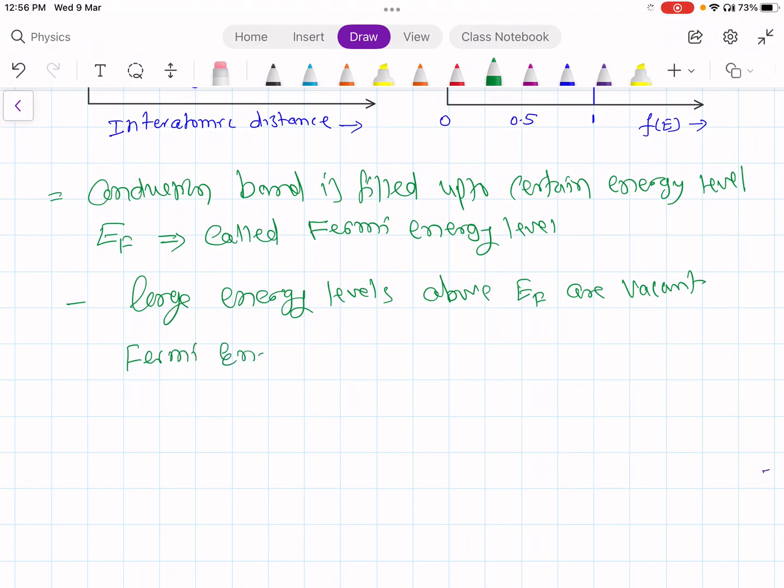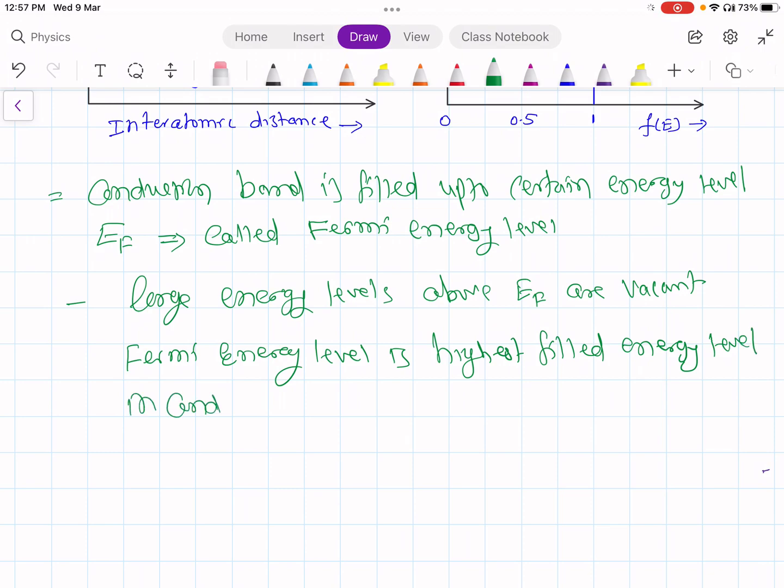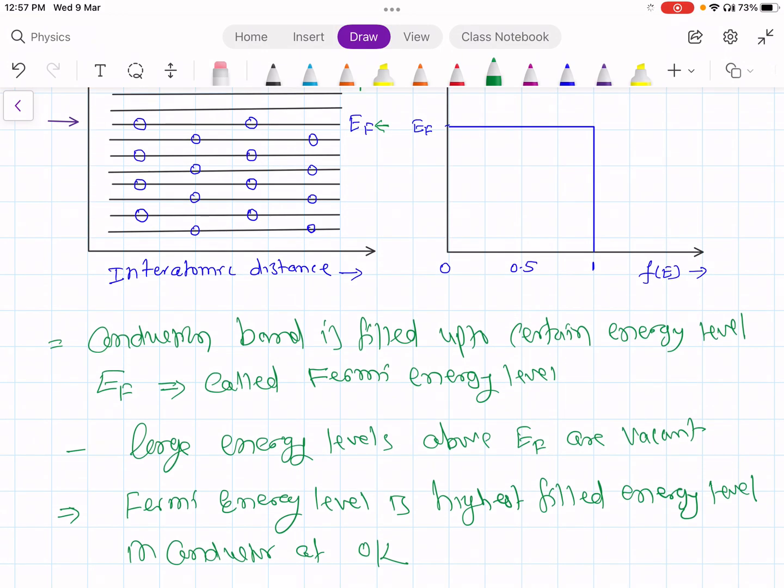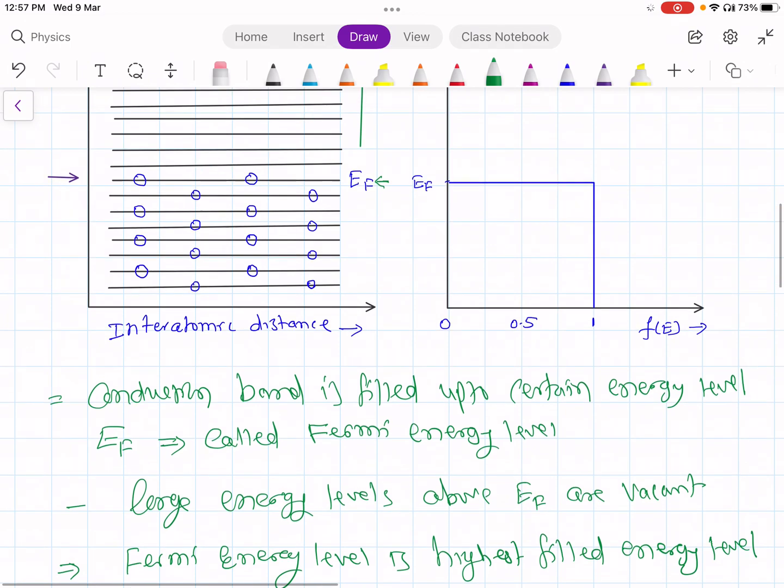Fermi energy level is the highest filled energy level in a conductor at 0 Kelvin. Then what would be the Fermi energy? The Fermi energy we can define as the maximum energy that an electron can have in a conductor at 0 Kelvin.